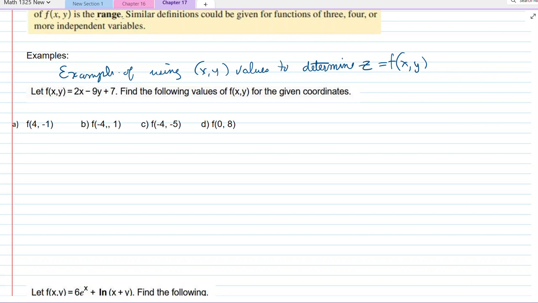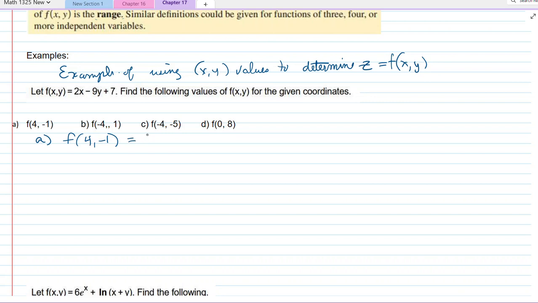In this function, we have f of x, y is equal to 2x minus 9y plus 7. So we're going to do our A first, which is the z, which is f of 4 and negative 1.